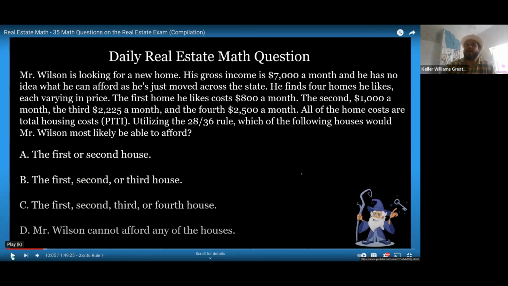It's not total debt, because total debt means all of the credit cards, everything else. Housing costs would actually be 1,960 on that. So only ones that are lower than 1,960 would qualify. So it would actually be A, the first or second house.